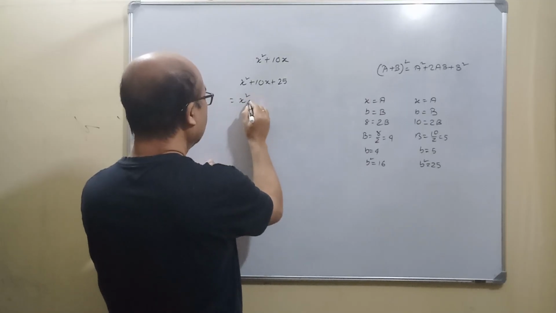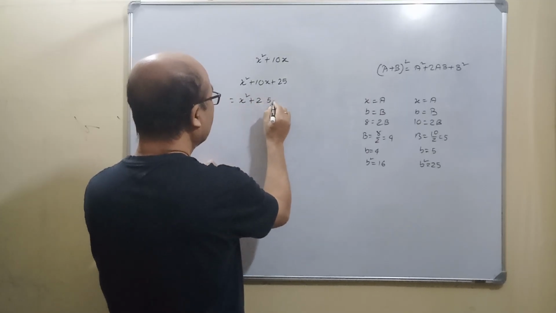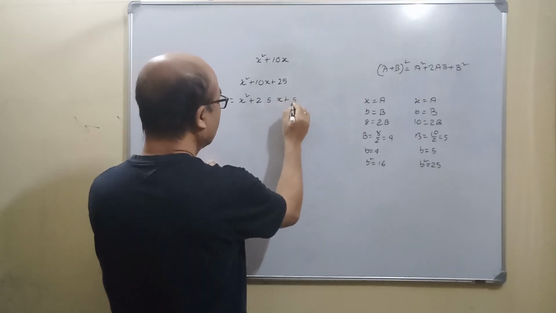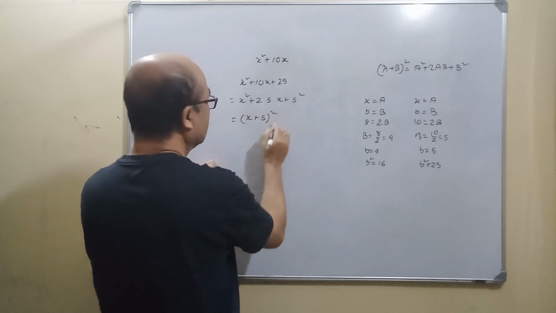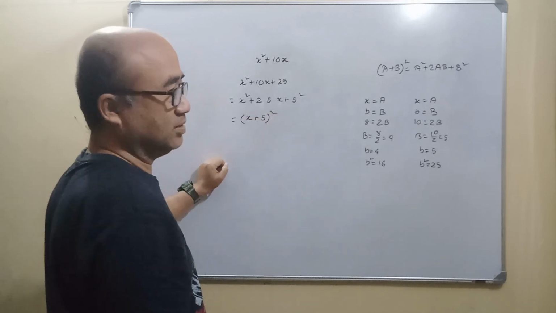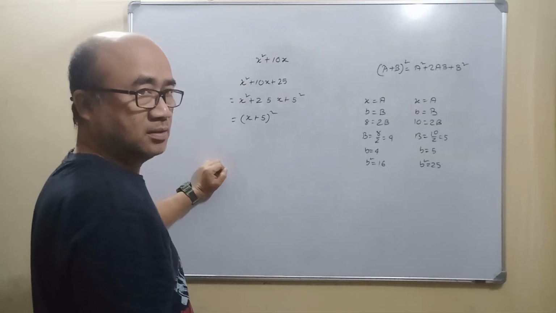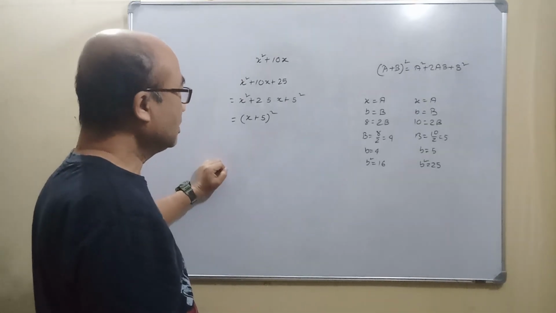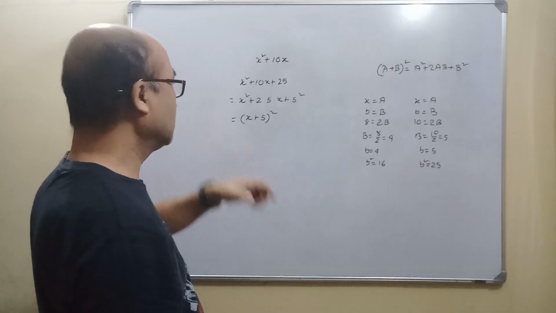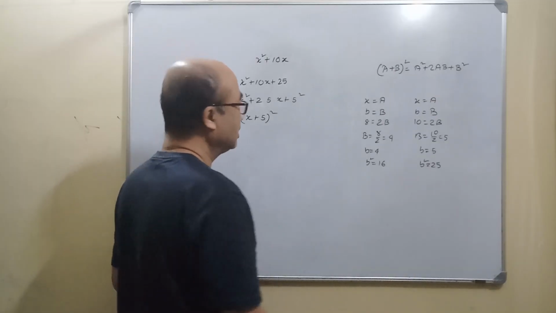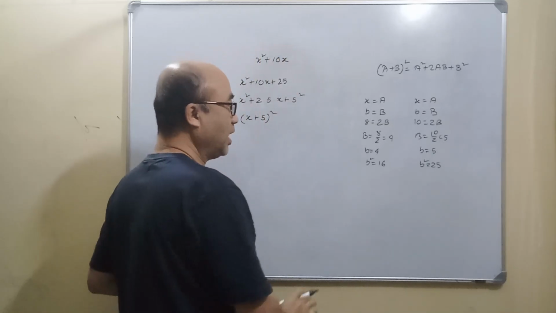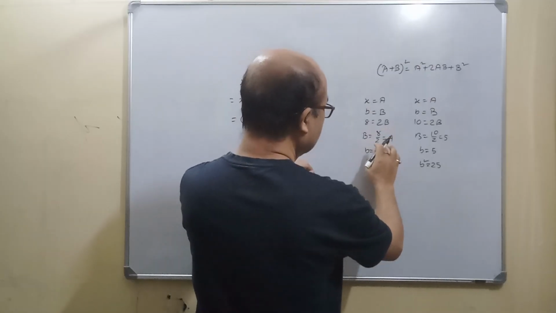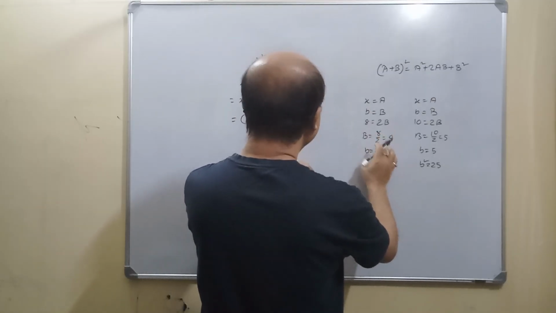So it becomes x square plus 2 into 5 x plus 5 square, which is equal to (x plus 5) whole square, which is a perfect square. So in both examples, we have seen that we get the term that we should add by dividing the coefficient of x.